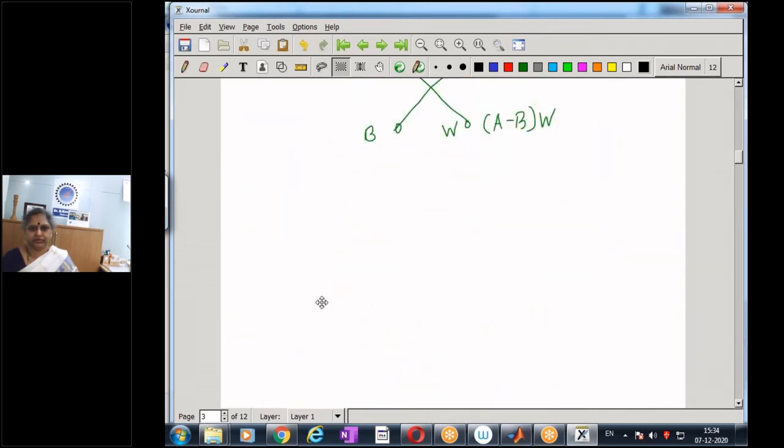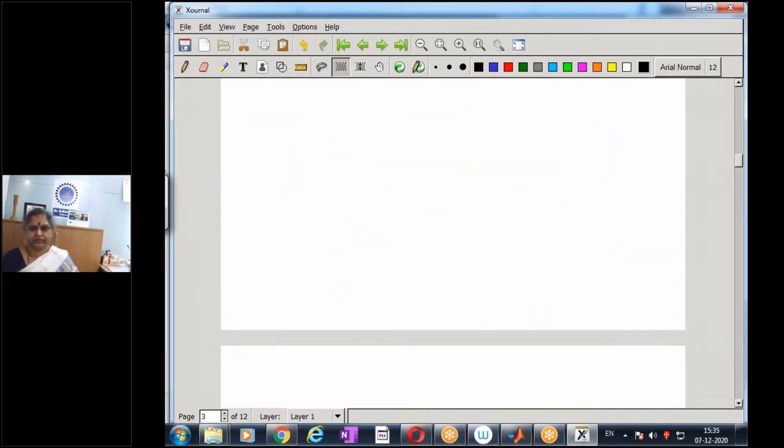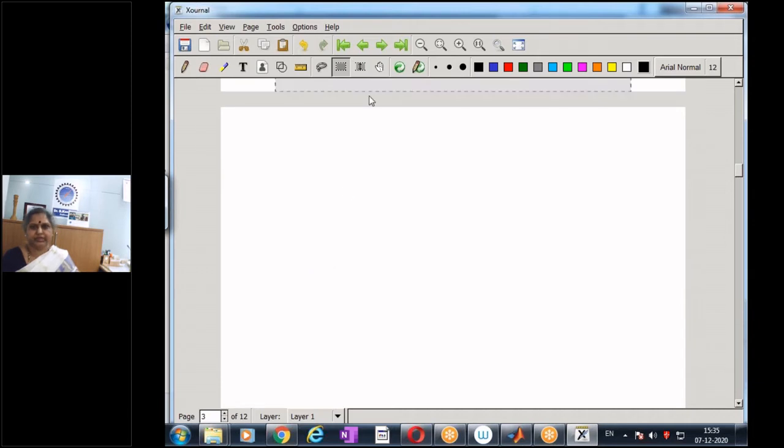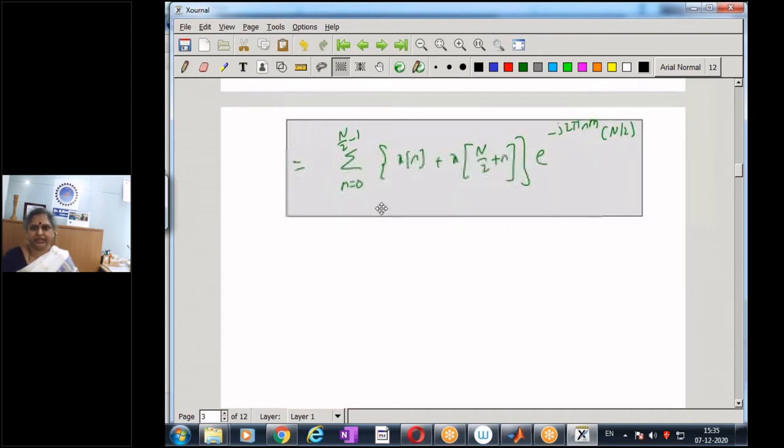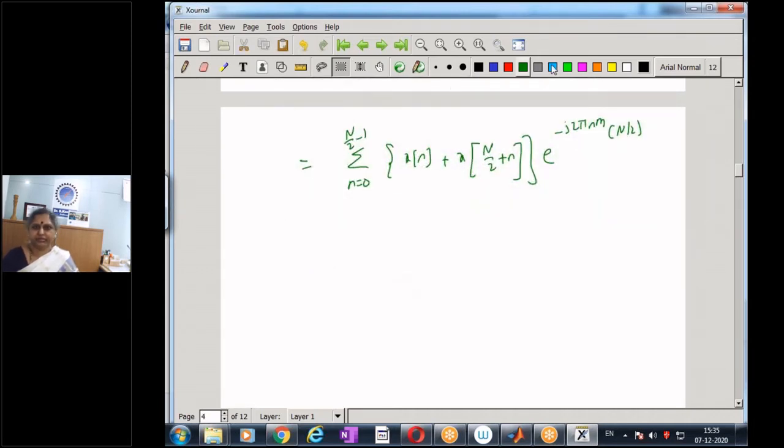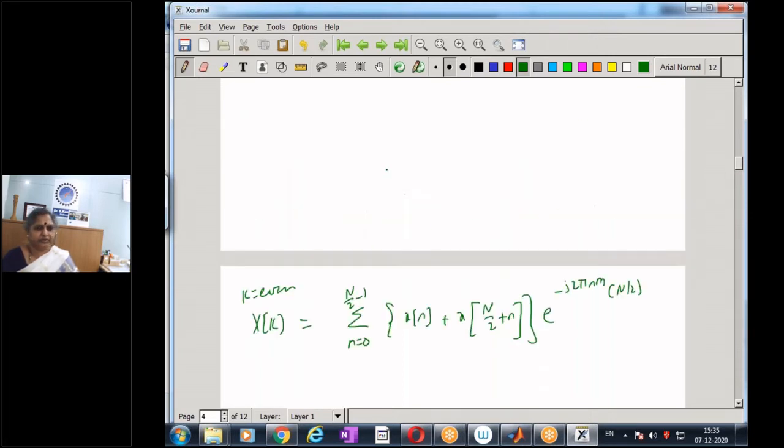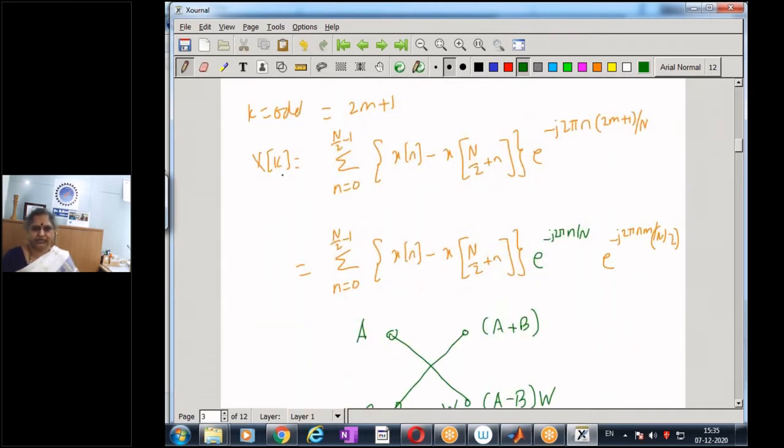Let's try to draw it for N equal to this. This is my X of k for k even, and for k odd we have got this expression.